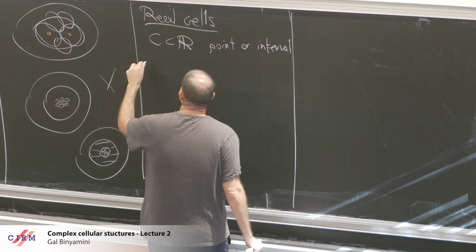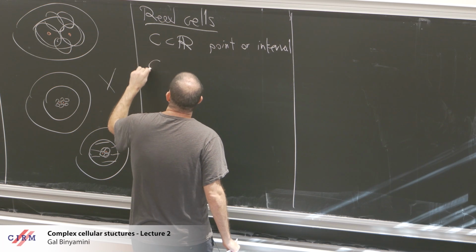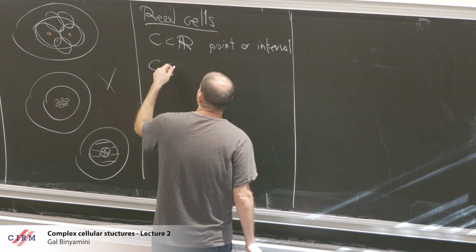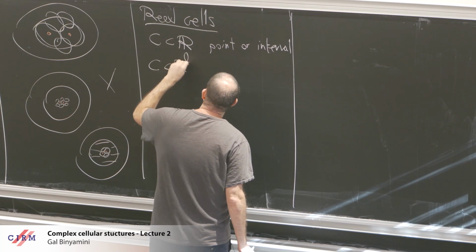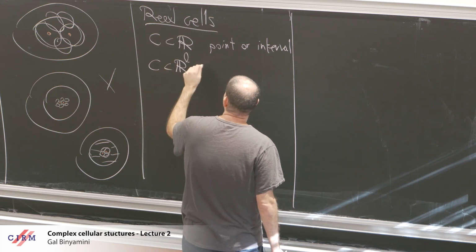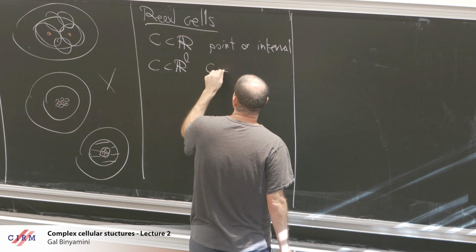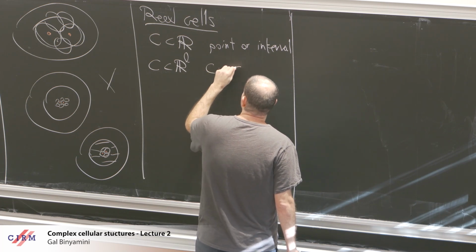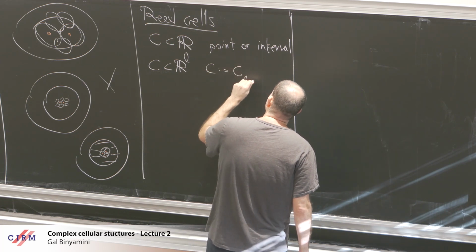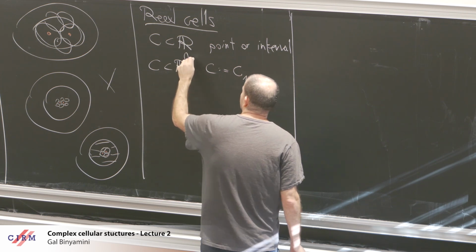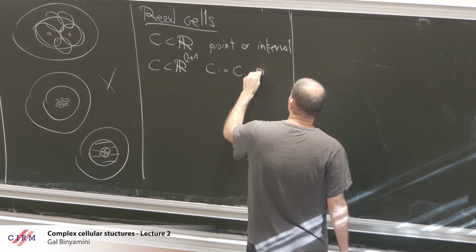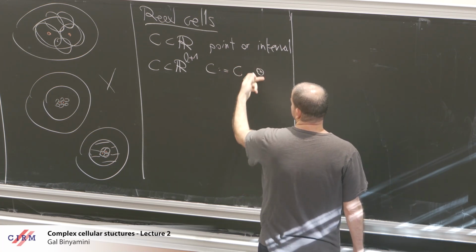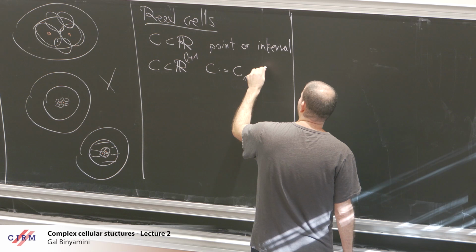Let's say we take C in R^{l+1}. I'll introduce a certain notation. I'll define a cell in R^{l+1}. It's going to be C_{1..l} times a fiber.